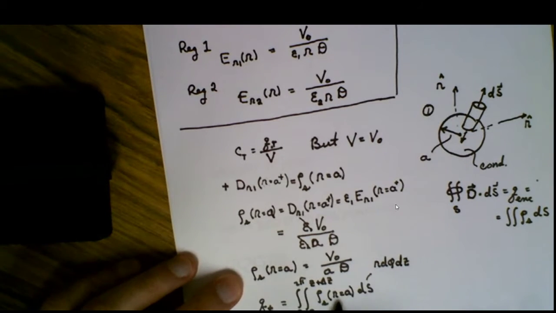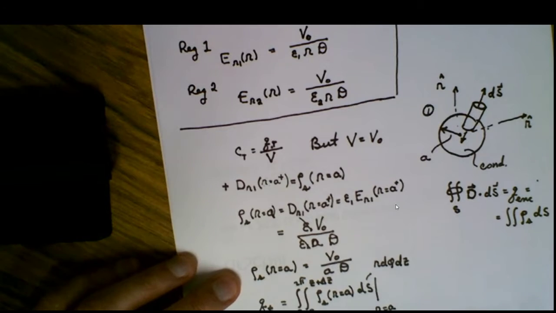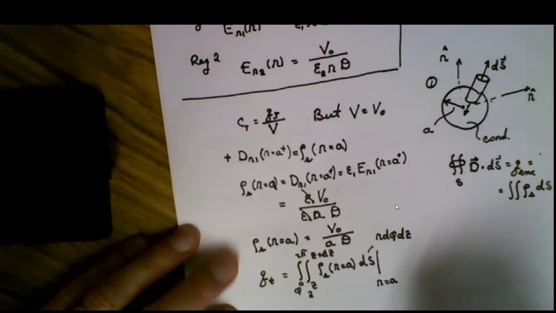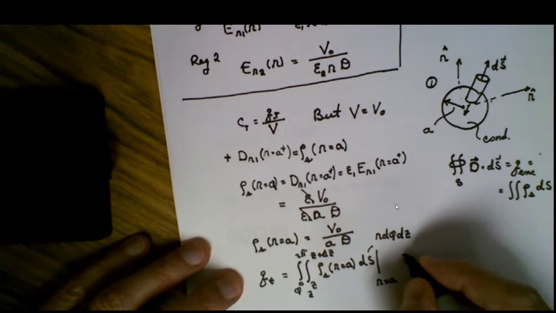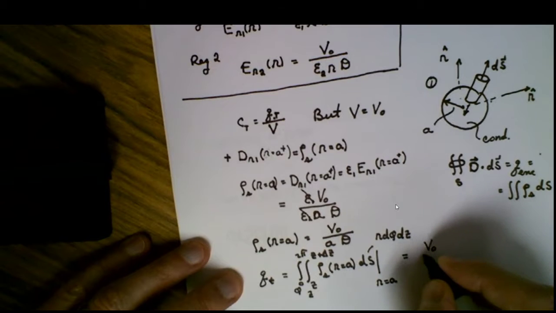We see that our surface charge density is a constant that can be pulled outside, and wherever we see an r, we must force r to be equal to a in order to be on the right cylinder. Consequently, this is going to be equal to V naught over A times script D.